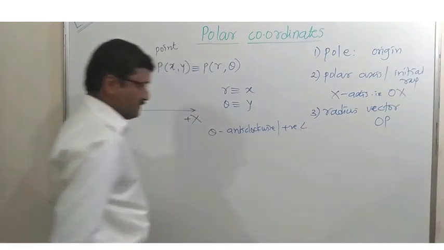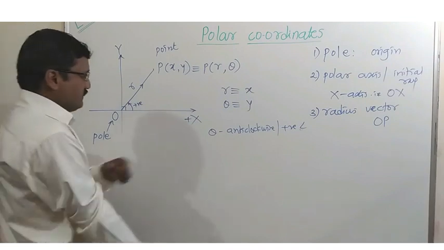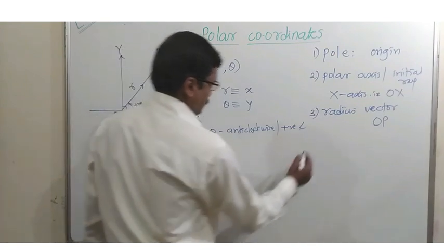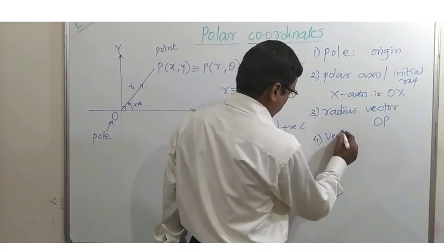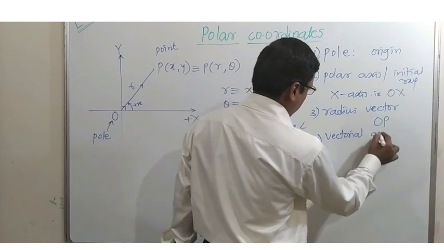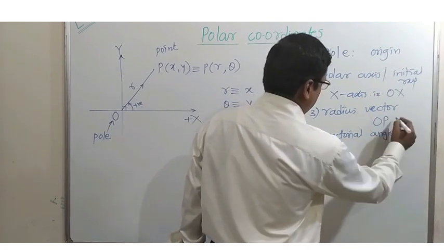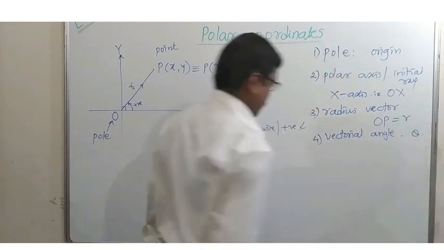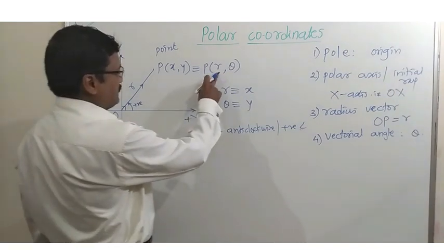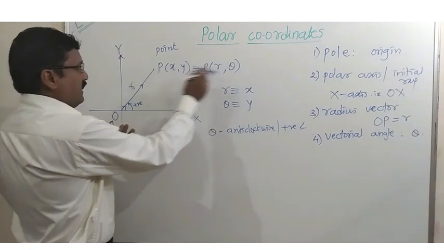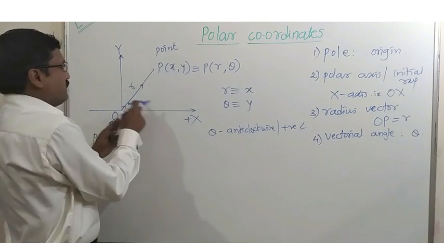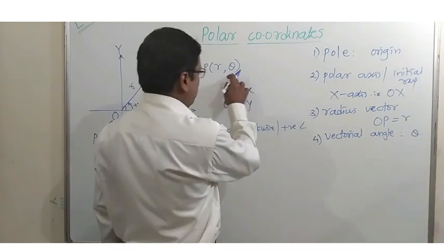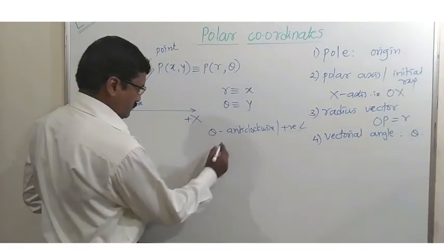This is called the vectorial angle, and this vectorial angle is nothing but this theta. So r is the magnitude of this vector and theta gives the inclination of that vector with respect to the positive x-axis.